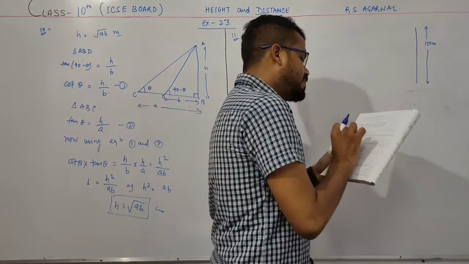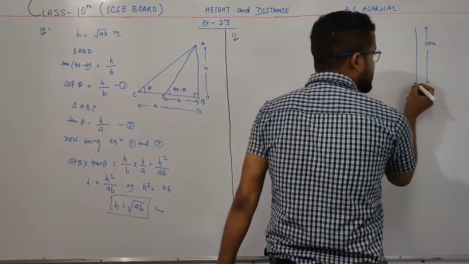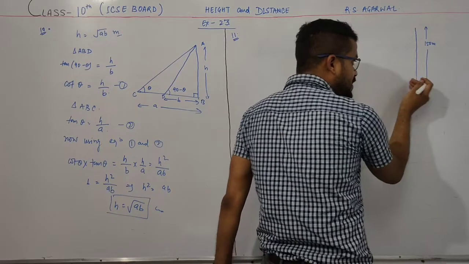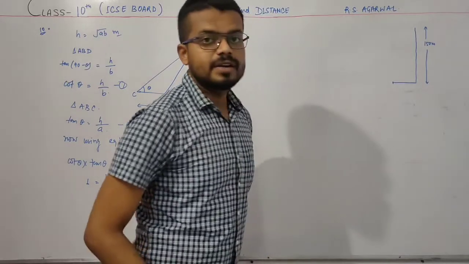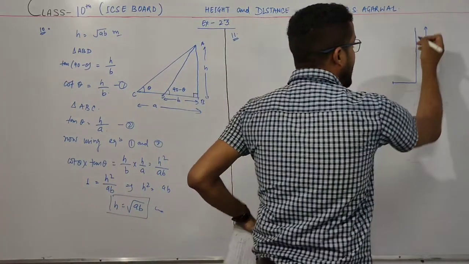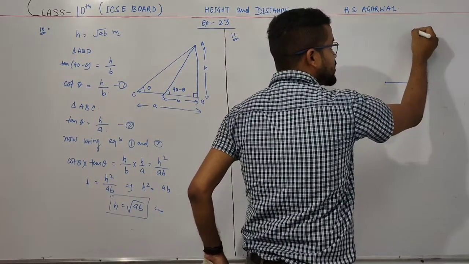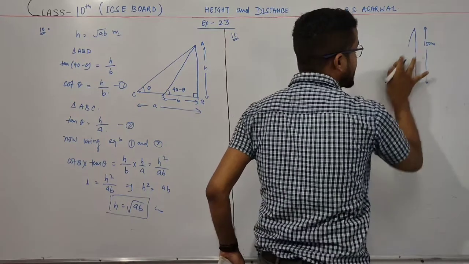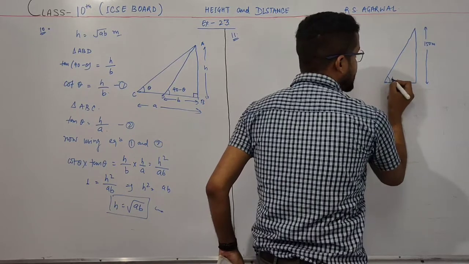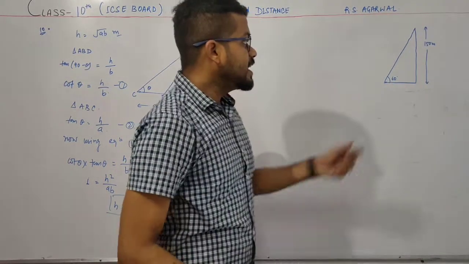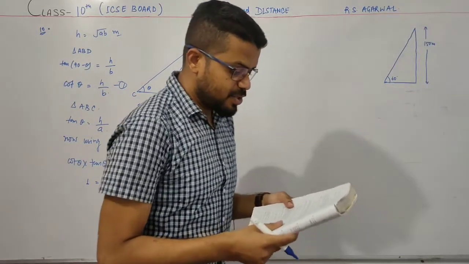Here the question is: the man in a boat rowing away from a lighthouse. This is the lighthouse and the boat is rowing away from it. So this is the boat, and the angle of elevation from this point to the top of the lighthouse is 60 degrees, which is given in the question.